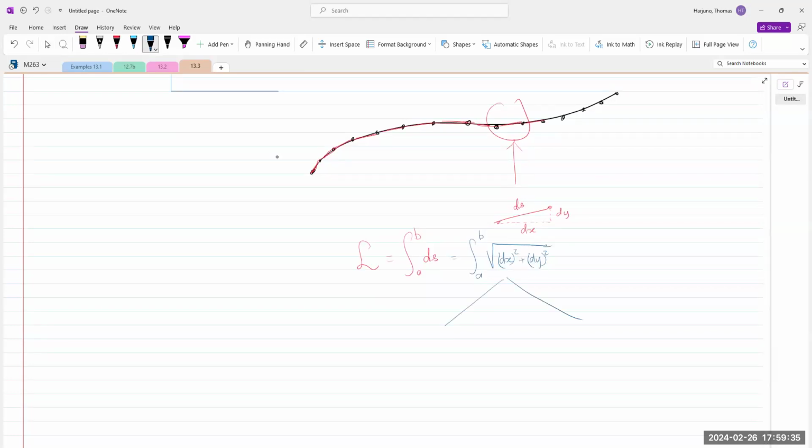If x and y are parameterized by t, then dx equals dx/dt times dt, the derivative, right? And dy equals dy/dt times dt.